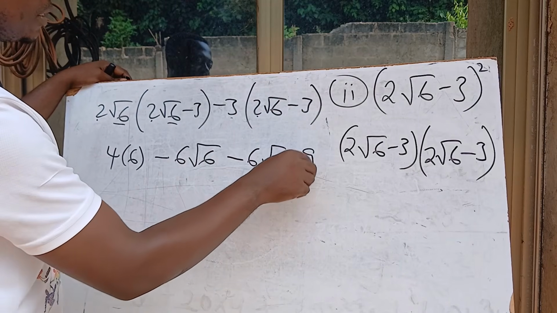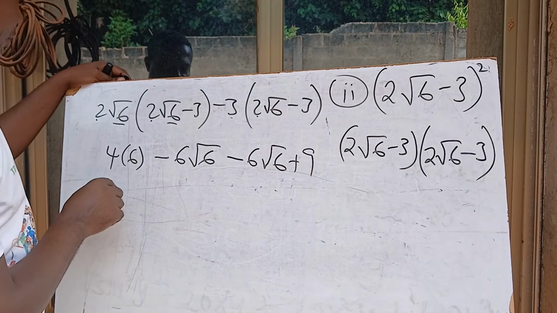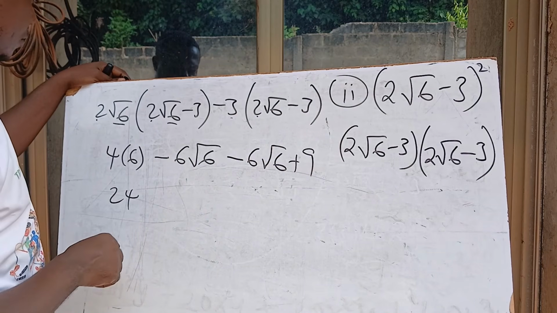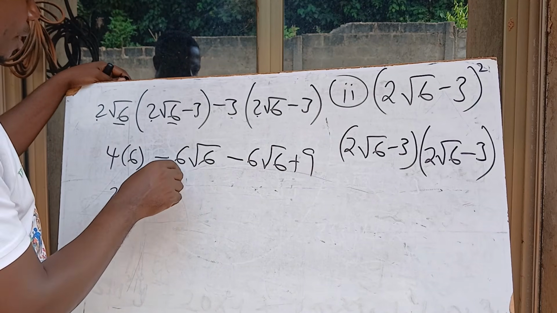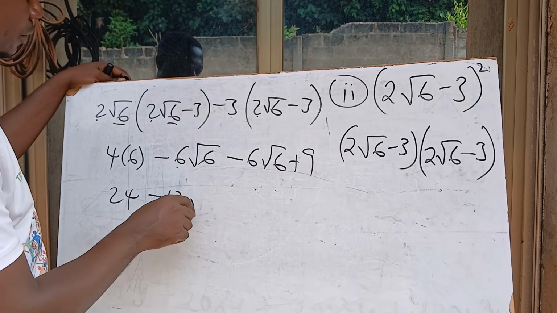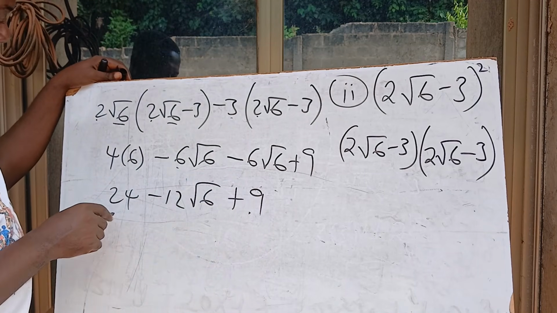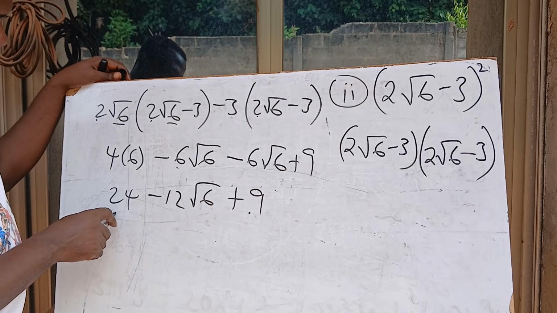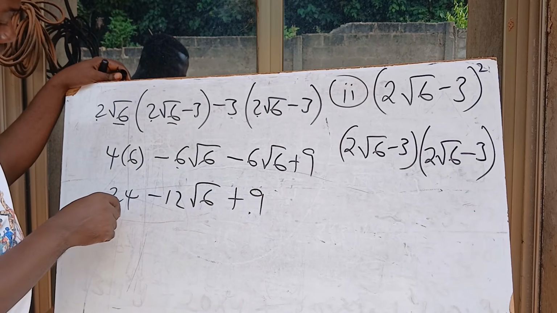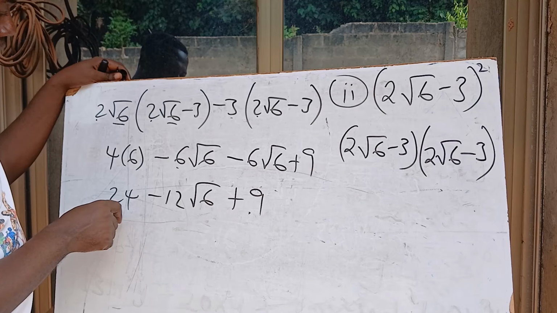This times that is 9. So 6 for 24. So minus 6 is minus 12 with 6 plus 9. So 9 plus 24, that would be, so 5, we have 29.